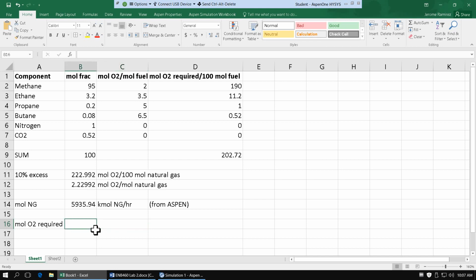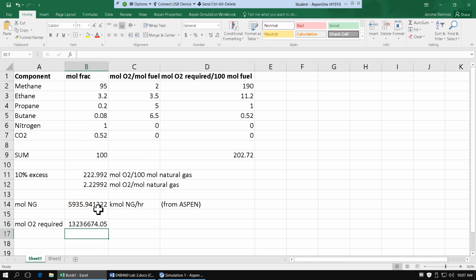All right, and then multiply this times that times 1,000 to convert kilomoles to moles. And we have this moles O2 per hour.